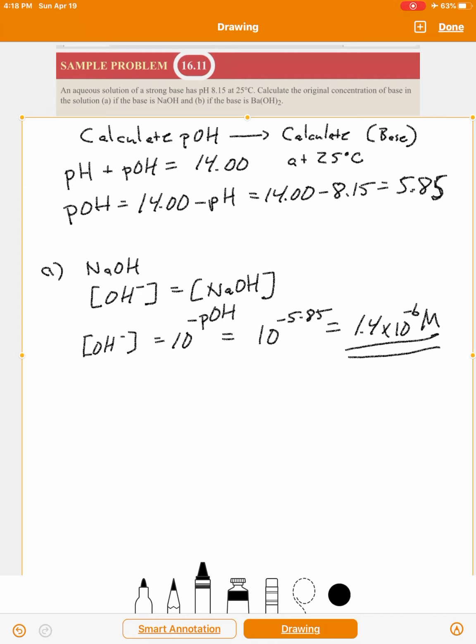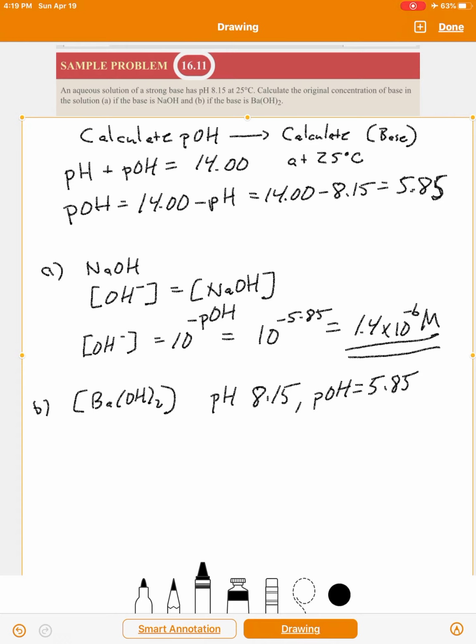Now, for that given concentration of sodium hydroxide, we now ask the following question. What would be the concentration, this is part B, of barium hydroxide that gives us a pH of 8.15, which is a pOH of 5.85, right?